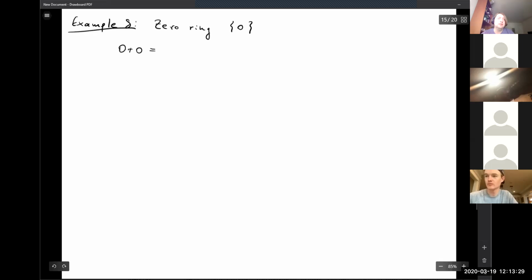If we add it with itself, it's 0. If we multiply it with itself, it's 0. Now the property R3 is satisfied because if you take 0 plus 0 and multiply it by 0, that's the same as 0 times 0 plus 0 times 0, 0 plus 0, 0.